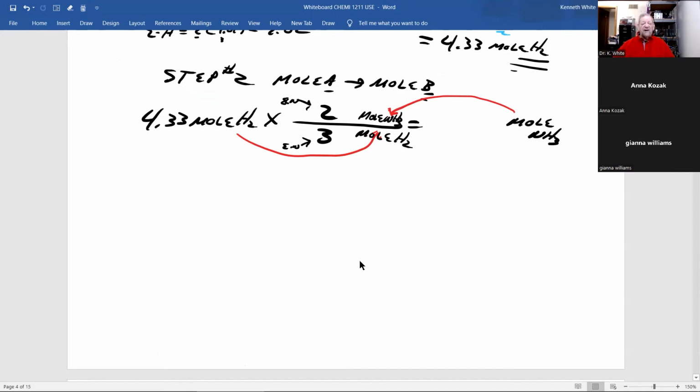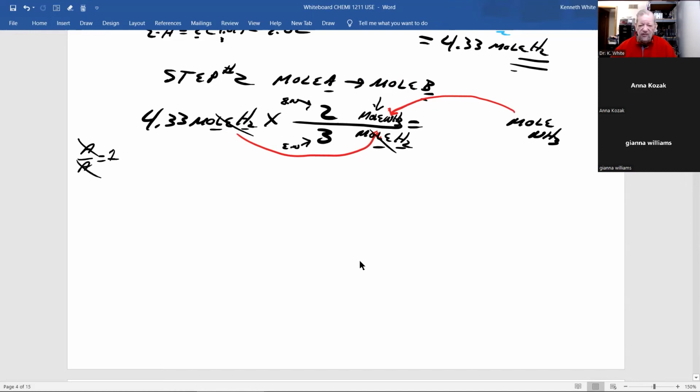Now, before I pick up my calculator, see, I don't have it in my hands yet. Oh, that was an awful joke, sorry. But anyways, I will check my units. Notice moles of hydrogen divided by moles of hydrogen. Anything divided by itself equals 1, which means it cancels out.